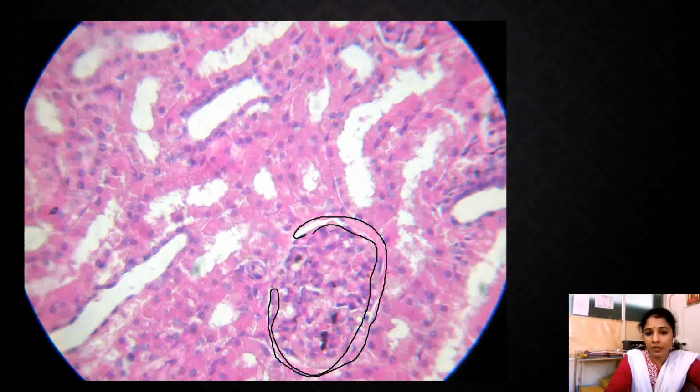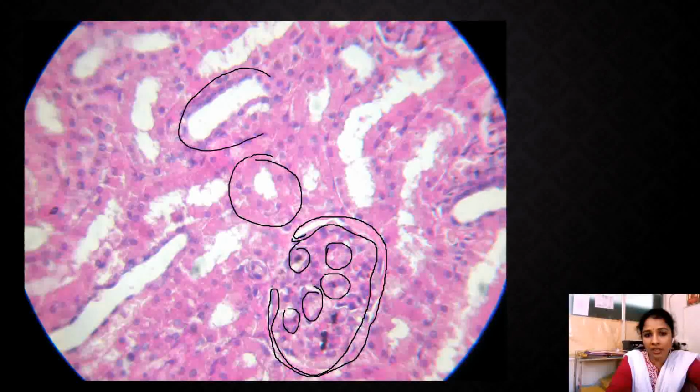And within that we can see the cut sections of blood vessels with blood cells inside them. These are the cut sections of the blood vessels which are present inside the glomeruli. We can even appreciate proximal convoluted tubule with a narrow lumen and distal convoluted tubule with a larger lumen.